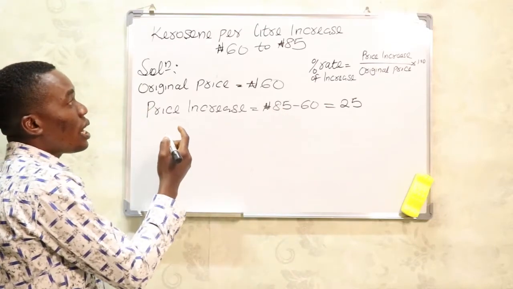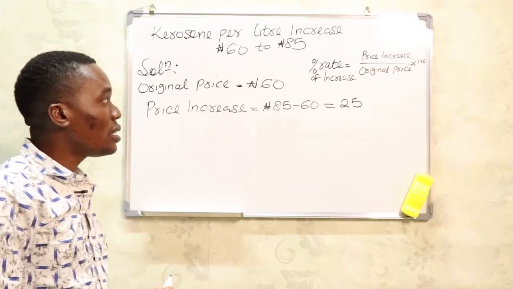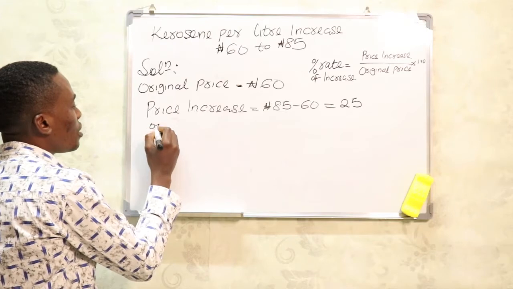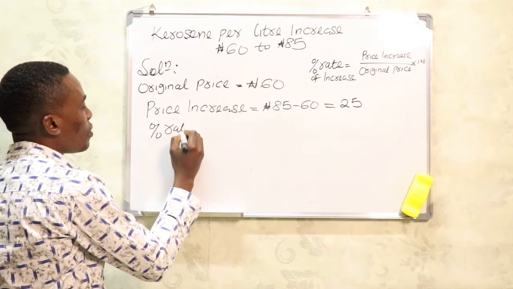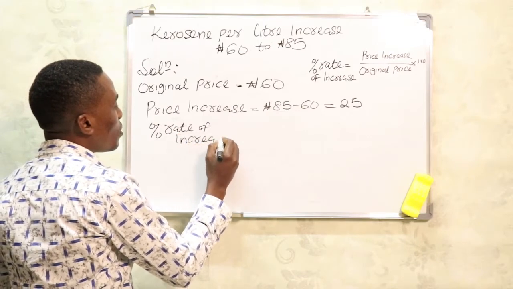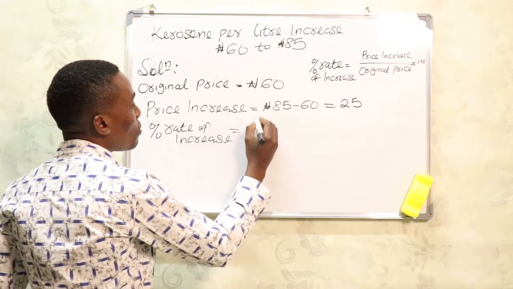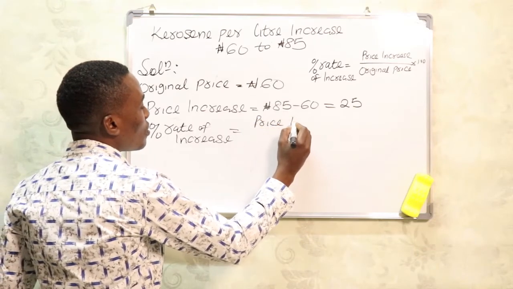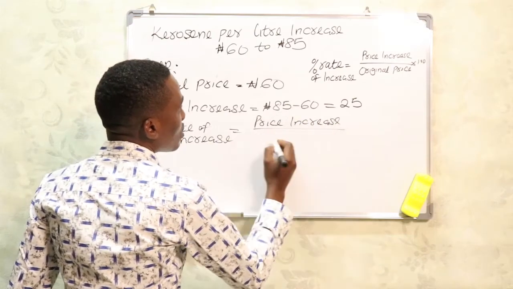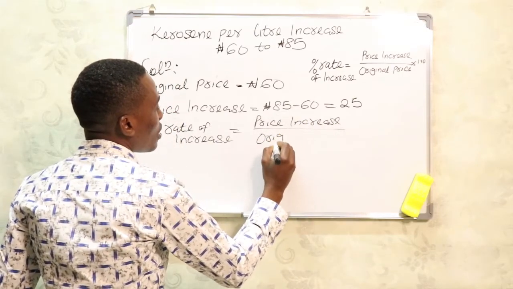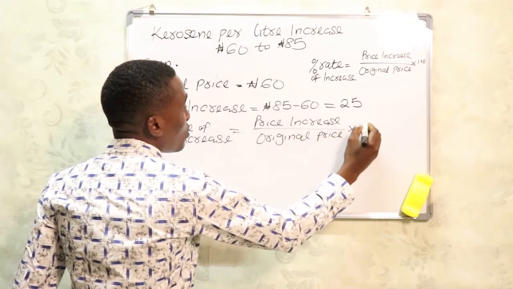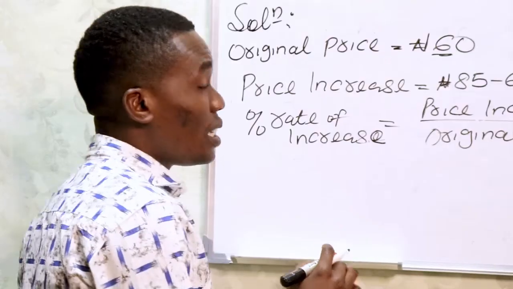Now you're asked to calculate the percentage rate of increase. The percentage rate of increase will be equal to the price increase, all over the original price, times 100.